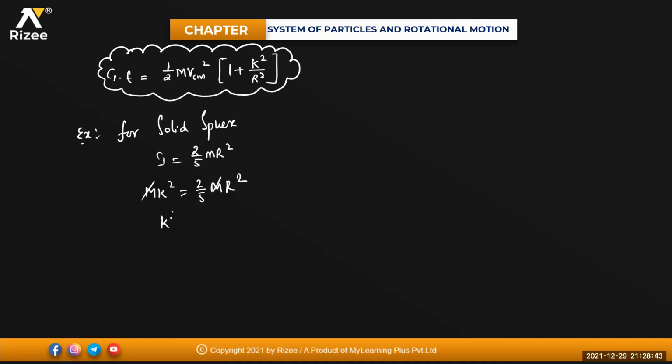So I can write here k square divided by r square will be equal to 2 by 5. Okay, so therefore total energy will be equal to half into m into VCM square into 1 plus 2 by 5.